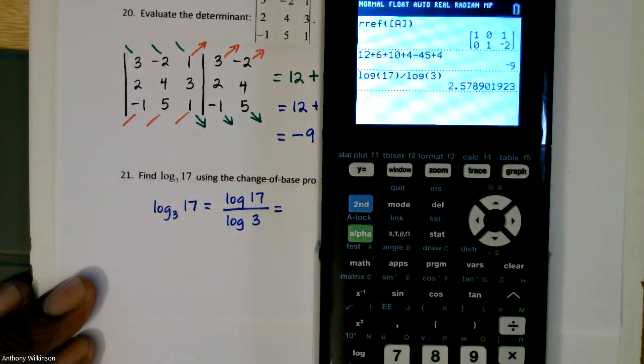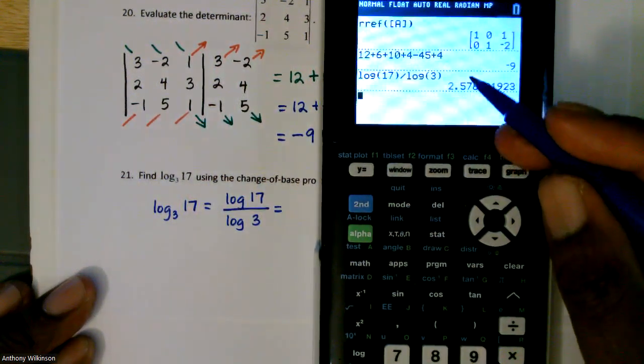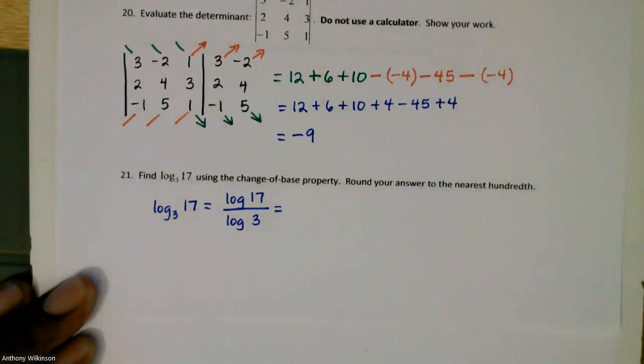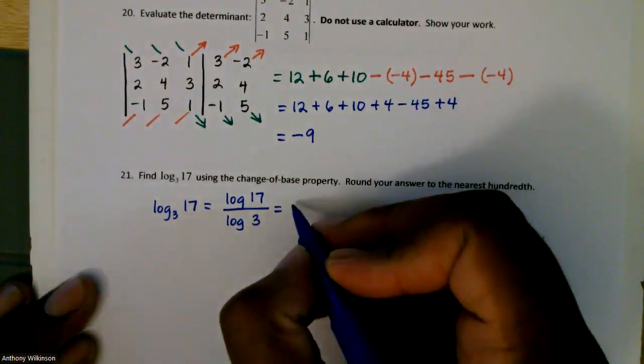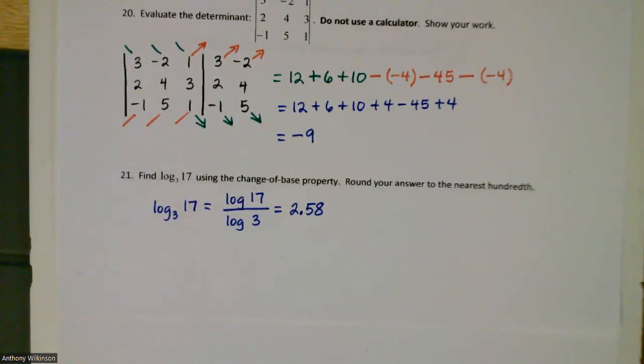So 2.5789 will end up being 2.58, because this 8 makes a 7 to an 8. So it'll be 2.58 rounded. So log to the base 3 of 17 will be 2.58. And what that means here, if I take 3 to the 2.58 power, I will get approximately 17.